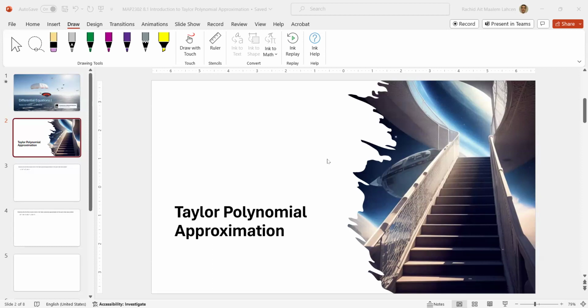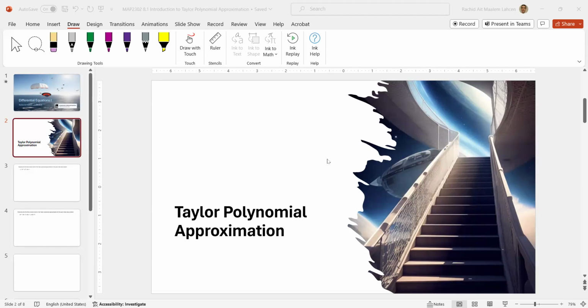But really for us, when it comes to this topic, we're going to connect this approximation scheme to the solution of a differential equation. So we're going to look at the differential equation and construct the Taylor polynomial for its solution. That's what we will do.